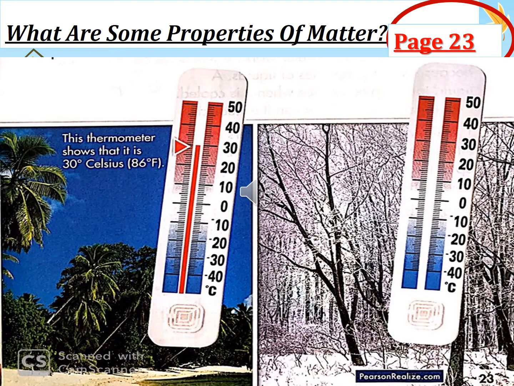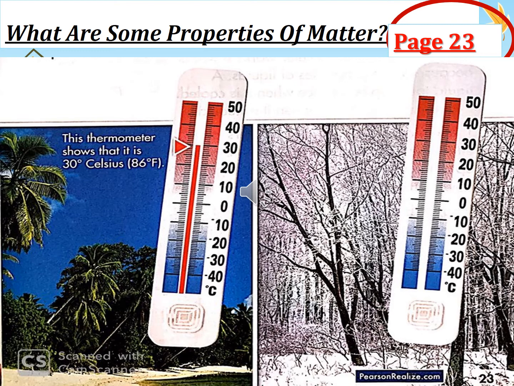Alright kids, to accomplish the task, you have these pictures of thermometers. The first one shows that it is 30 degrees Celsius or 86 degrees Fahrenheit. Now, for the second thermometer, you have to fill it in to show how 5 degrees Celsius or 41 degrees Fahrenheit would look.